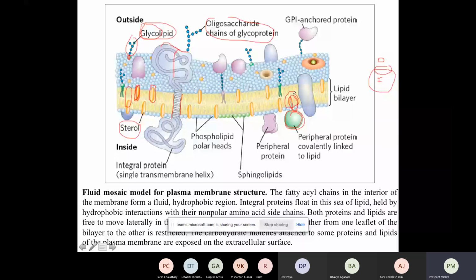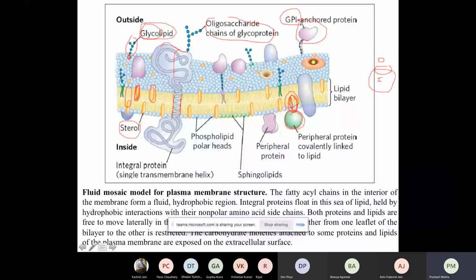So here we have shown a covalent linkage. Other than that, another set of protein present are known as GPI anchored proteins, which are linked to the membrane. GPI refers to glycosylated phosphatidyl inositol. We will talk about this in detail.